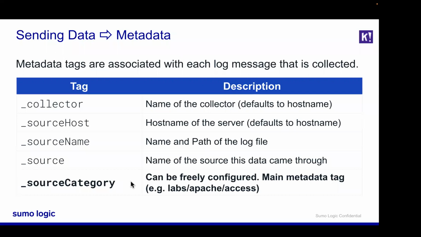We can set our source category metadata tag to labs Apache error, labs Apache access, dev Apache, prod Apache, AWS East Apache, and so forth. So we're able to freely configure the source category. That's the one we'll use most often. That's the recommended approach.